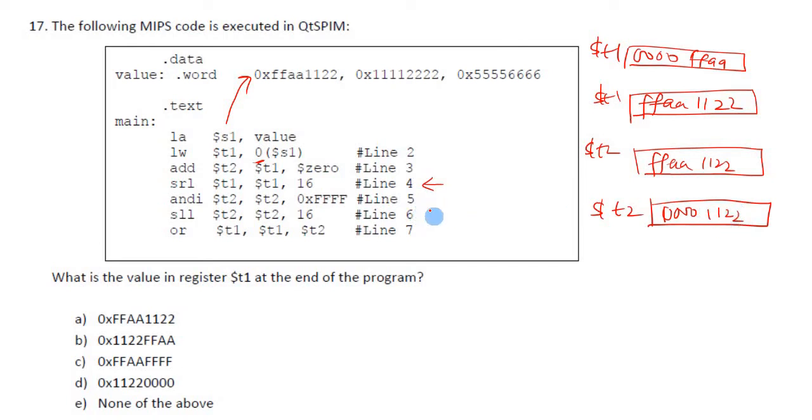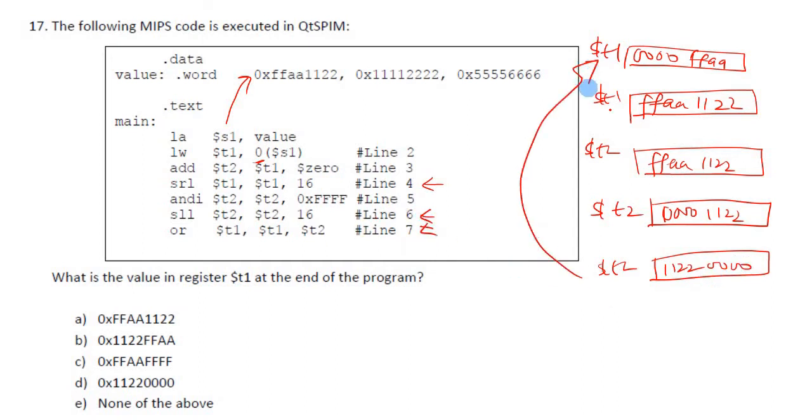Okay, and after that I'm doing a shift left by 16. So T2, when I shift left by 16, I get 11220000. And the last instruction is I'm going to do an OR. So I do an OR between this and this. I get 1122 FFAA. Okay, which is your 17.